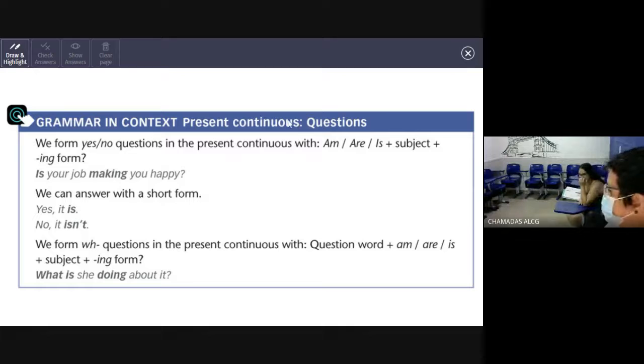The present continuous is the structure, the verb tense, verb to be plus the other verb in the ing form. This is the present continuous. It's a combination of verb to be and the other verb with ing form. It's a verb, not a noun. It's a verb tense. But now my question is, what do we call the main verb with ing in the present continuous?